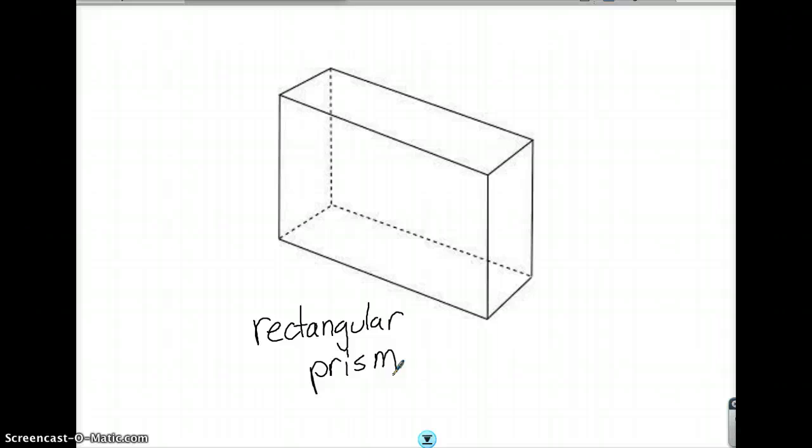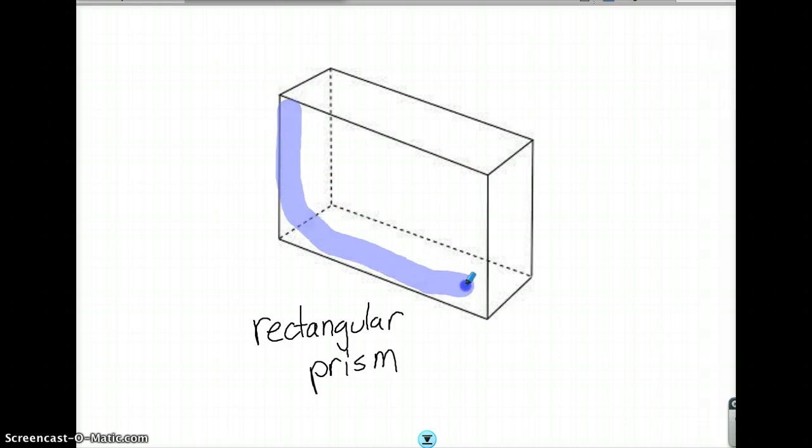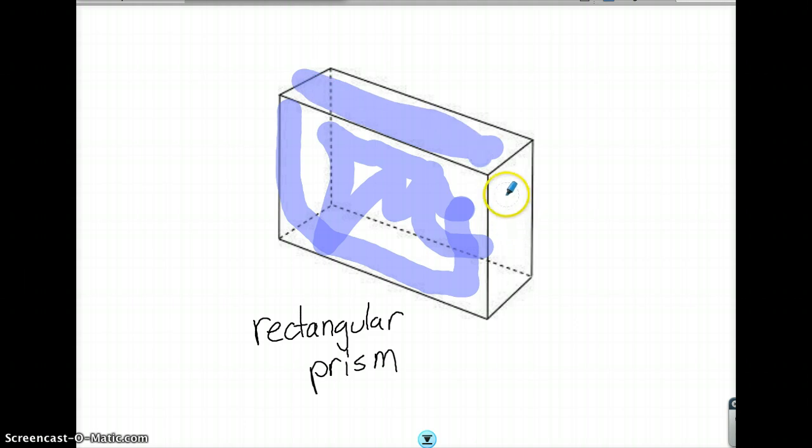What I really want to know is, what do I need to cover the surface, all the surfaces? How much space am I talking about if I'm covering this surface here, and the top of this, let's say, box, and the side of this box, and this side of the box, and the back of the box, and the bottom of the box? That's a lot of space. How am I going to cover it all?